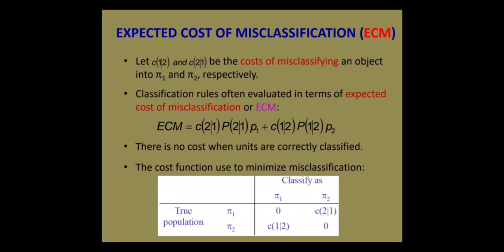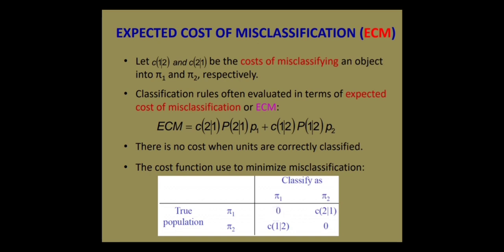So kalau kita tengok, the cost of misclassification can be defined by a cost matrix here, if you can see here. If the observation is classified as first population, when it actually comes from the first population, so dia punya value of cost of classifying will be 0.